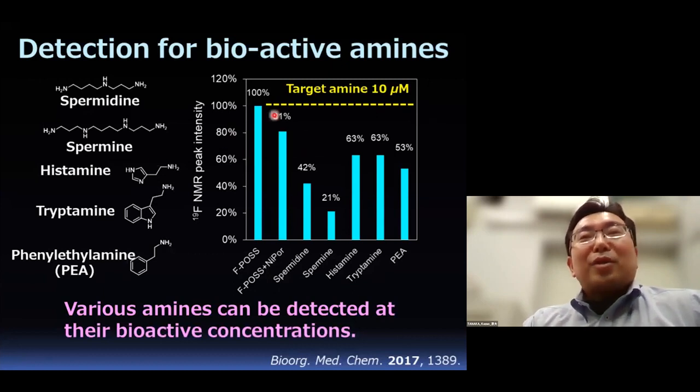As you can see, we can detect the existence of a trace amount of such significant molecules. So, based on the hybrid chelators, we can improve the sensitivity of MR sensing systems.